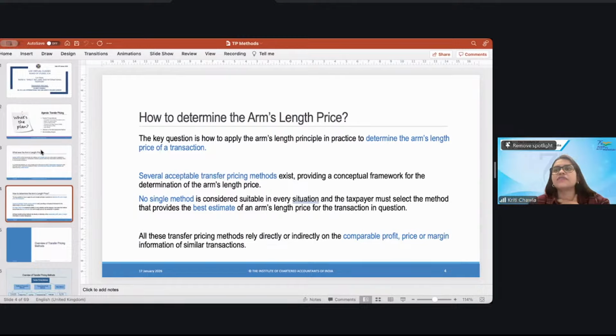There are several transfer pricing methods that actually exist, but then you have to look at what is the method that is best suited to your facts and circumstances, or your client's facts and circumstances. There is no single method that is considered suitable in all situations. You will just have to look at the best estimate out there.